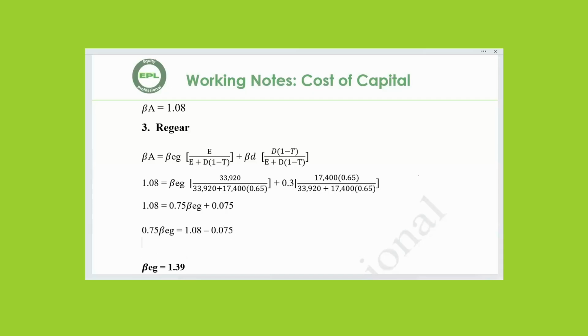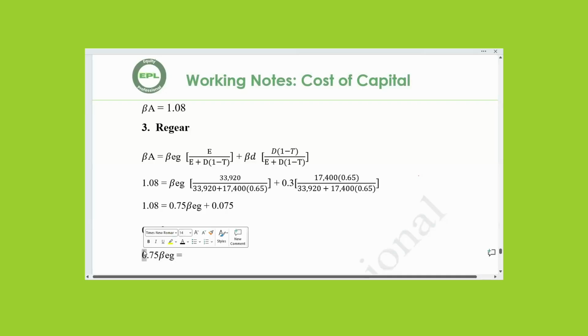So 0.75 beta G will then be equal to 1.005.